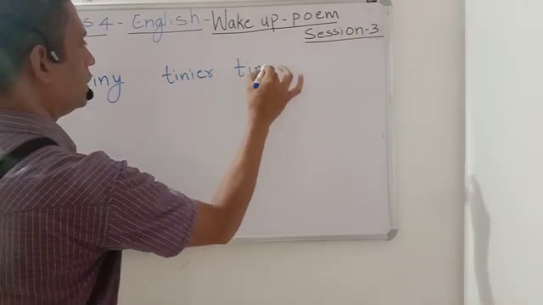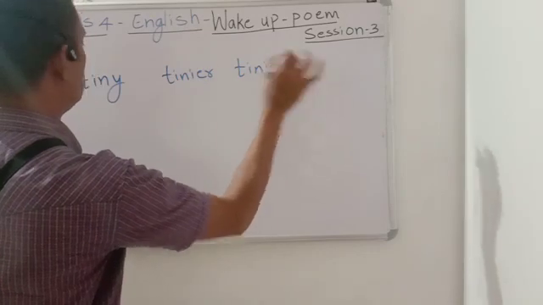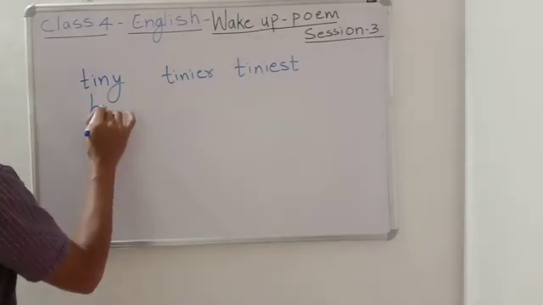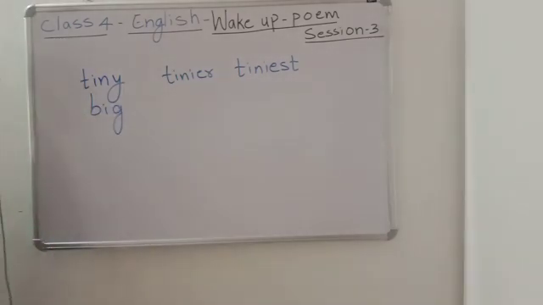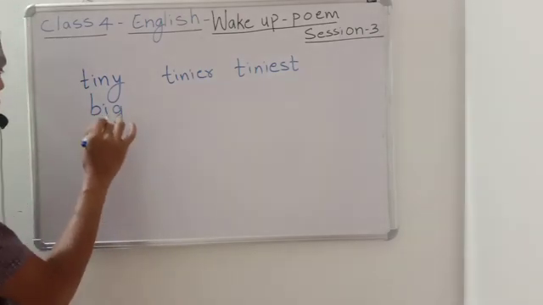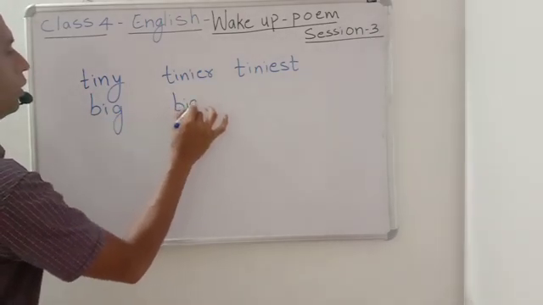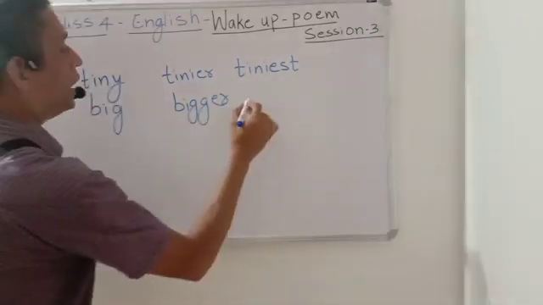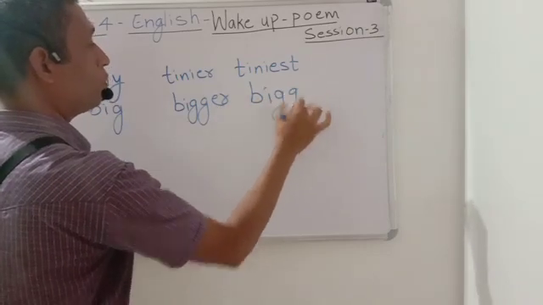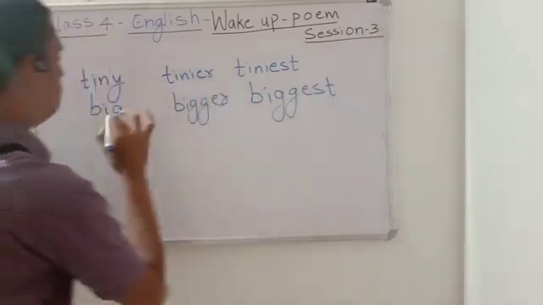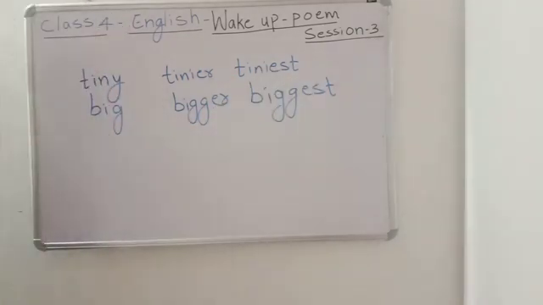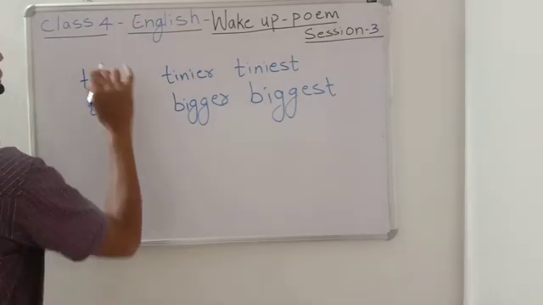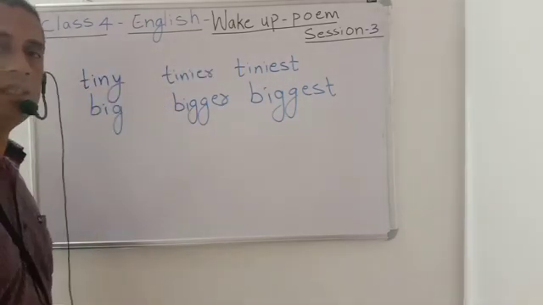Superlative is tiniest. Tiny, tinier, tiniest. Second one is big. For example, a big ball, bigger if it is compared to another ball, and the biggest if it is compared to many. Big, bigger, biggest. This fill in the blanks is there in the textbook. Please write this in the textbook.